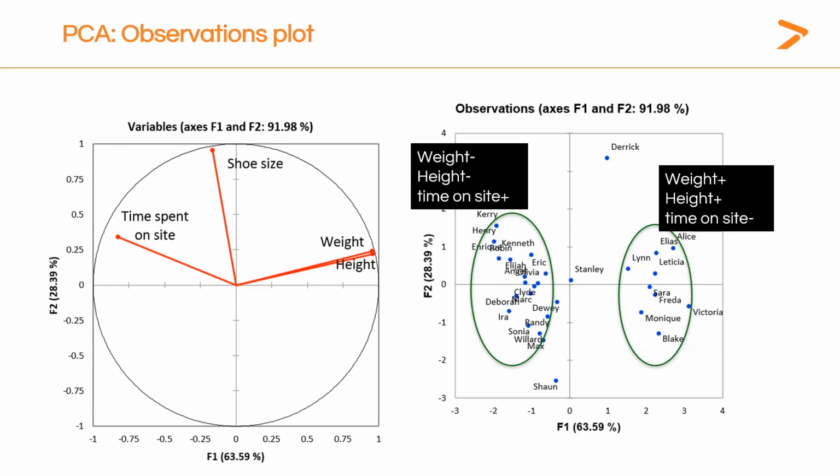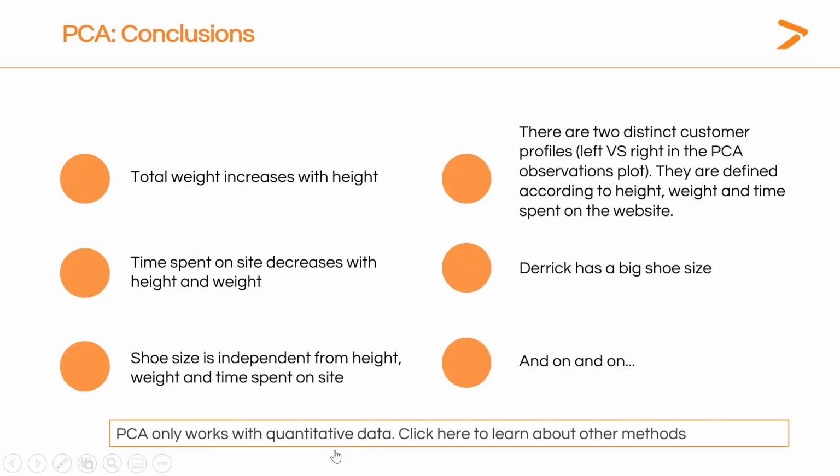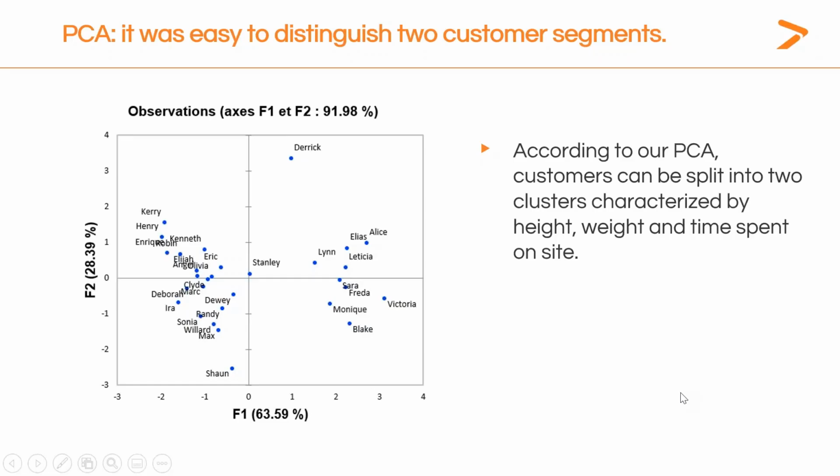For those of you who know correlation coefficients, you can also draw a correlation matrix and check whether at least one or two variables are correlated to other variables. Otherwise, your PCA wouldn't be reliable. It would be built on a big noisy data set without any signal. So be very careful about this. And also know that PCA only works with quantitative data. If you want to learn about other methods, you can go to the guide by clicking on this link.